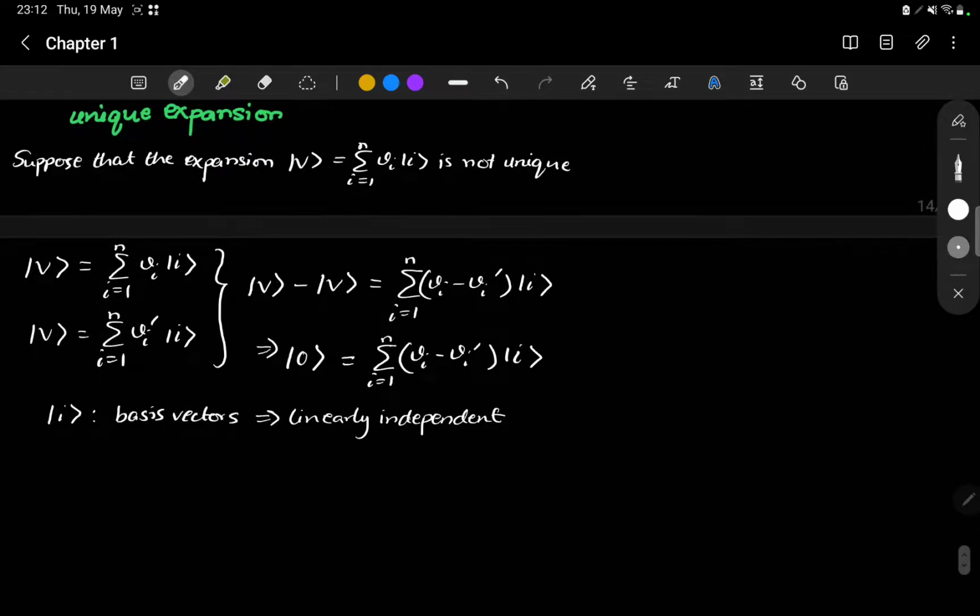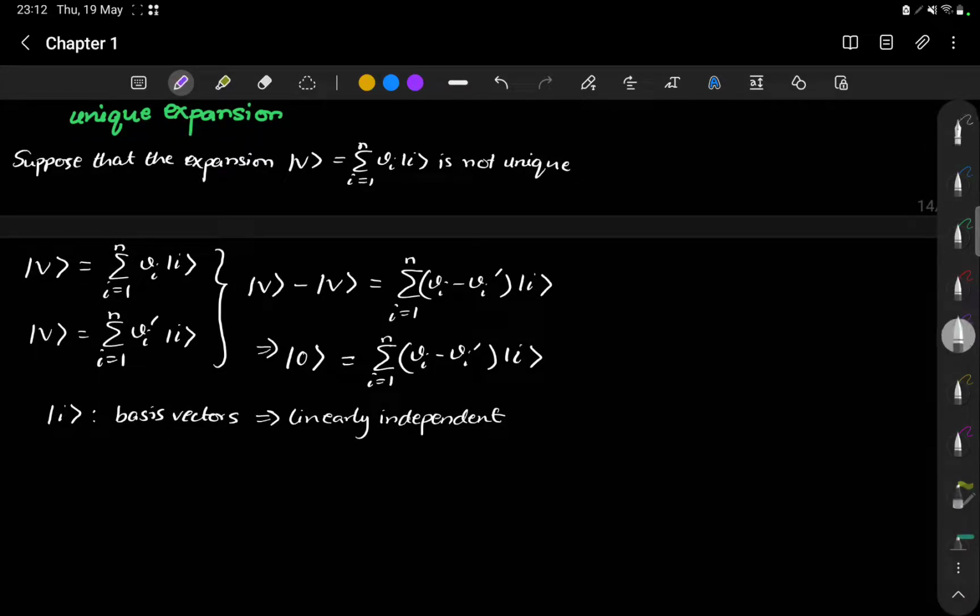So let us write down the definition of linear independence just to remind ourselves once again. So linear independence was given by the following condition, that if we take the following kind of linear superposition for vectors i, and if we set it equal to 0, then we get all ai equal to 0 for linear independence.